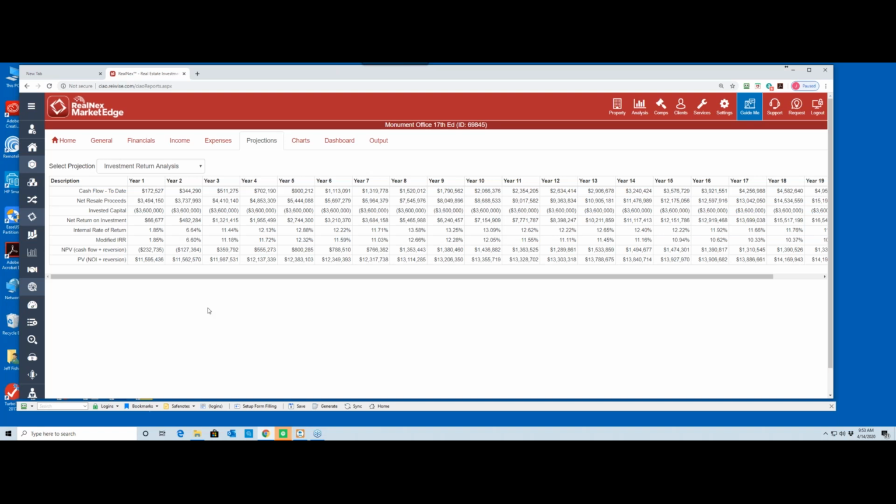I liked it for the textbook because it's cloud-based, which Argus wasn't for a long time. I'm not sure it's yet completely cloud-based, whereas, as we've been doing here, I'm just using a web browser to use the program. I used to have Argus in the textbook, and I replaced it with MarketEdge, and it gives the exact same answer as Argus.